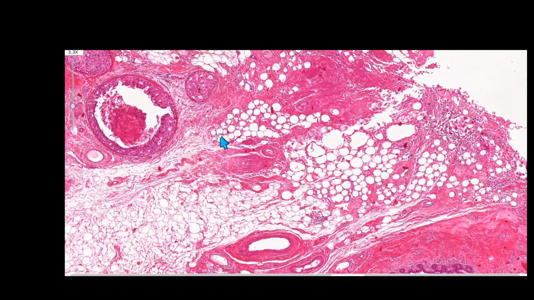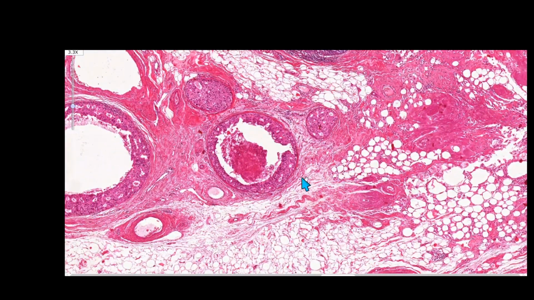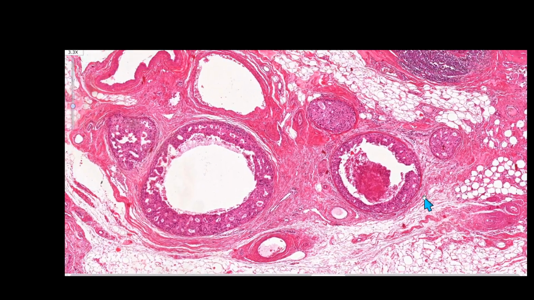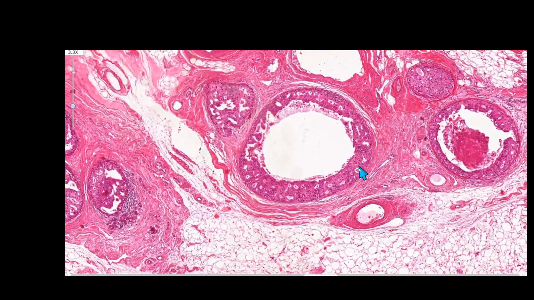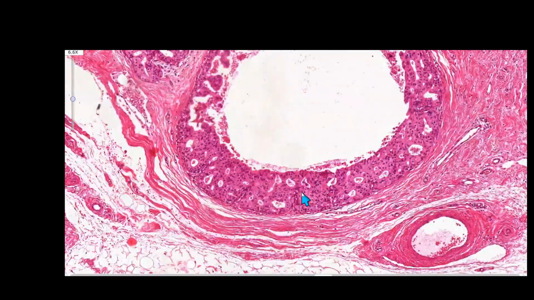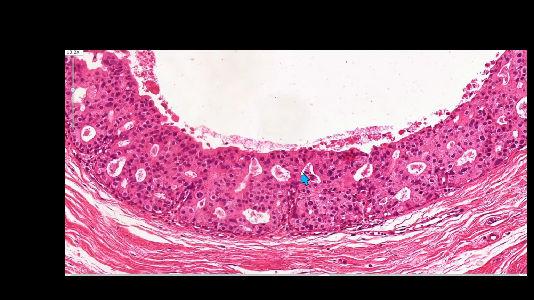And then suddenly we arrive at very extended basic elements. Let's call it terminal duct. We are going to see distended acini as well. What is interesting here is that among the cancer cells, some call them punched out holes.